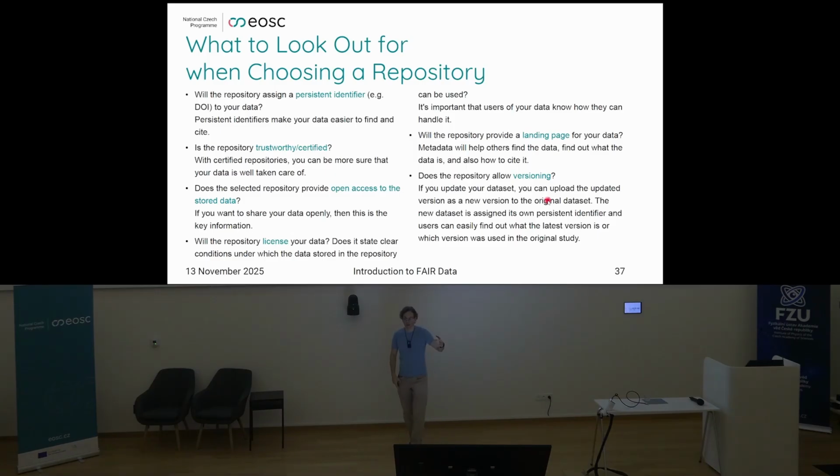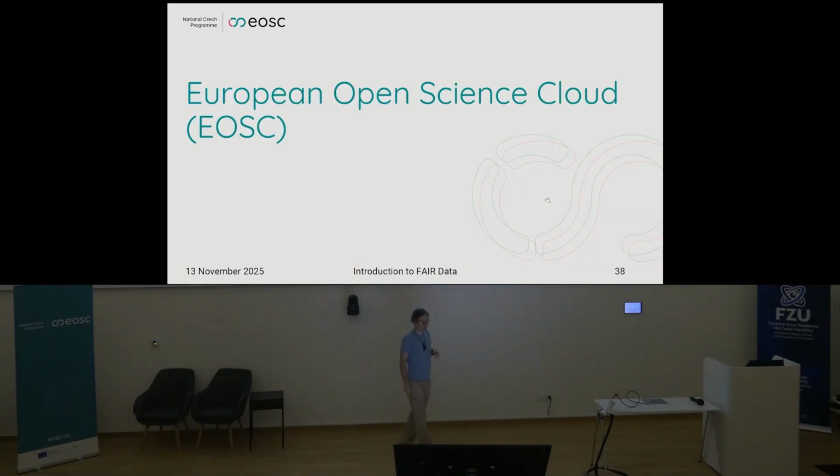If you find a bug or mistake in the data set, or you just update your data set, for example, getting even more data, you should be able to add a new version, not replace the old one, but add a new version of the data set. It's similar to the version control of source code of software, for example.